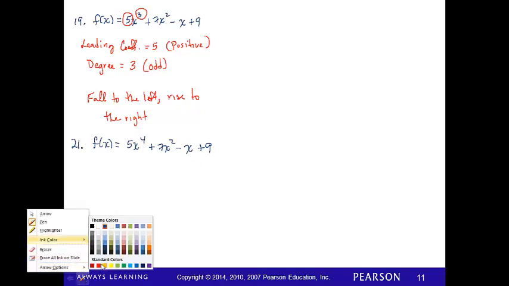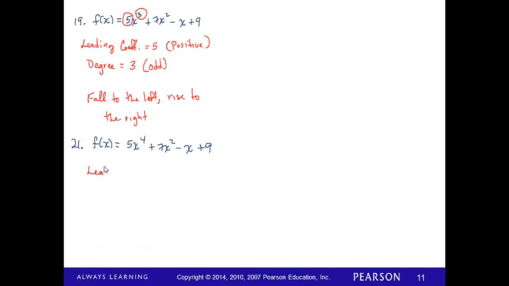So again, to determine the end behavior, we need the leading coefficient and we need the degree. Well, the leading coefficient is 5, and the degree is 4. So we have even degree with a positive leading coefficient. Well, that tells us that we're going to rise to the left as well as rise to the right.